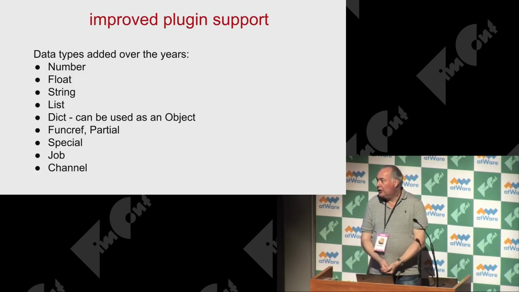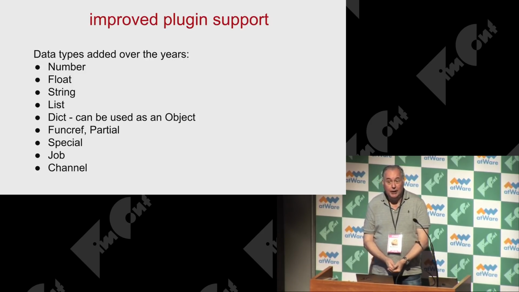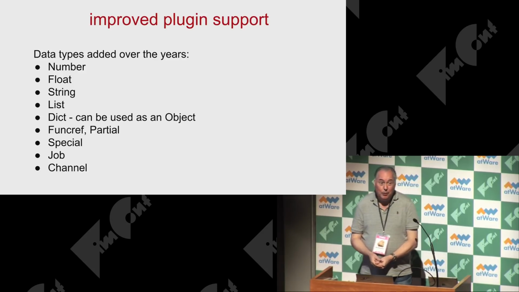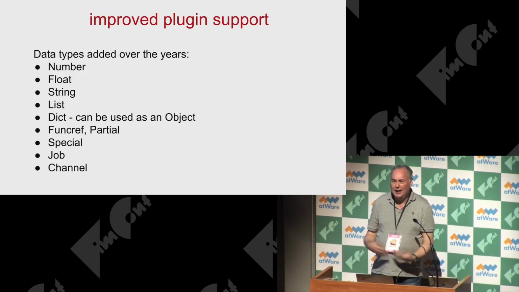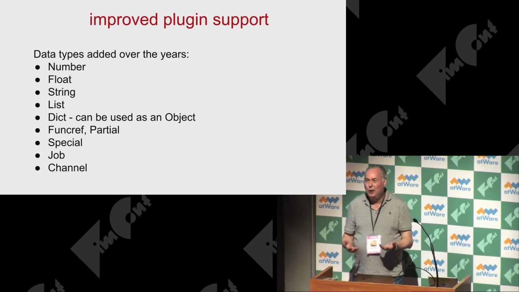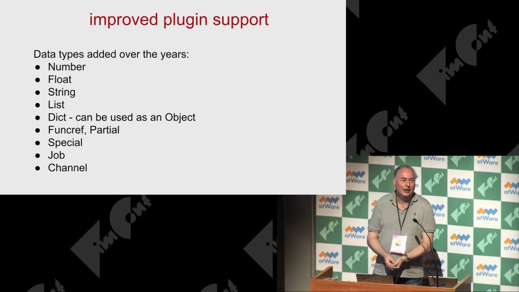So after the start of plugins, a lot of new features were added to support plugin writers. Lists, dictionaries, those are basic data structures. The idea mostly comes from Python. Float was added at some point. For a long time, I thought, it's a text editor. Who needs floating point numbers in a text editor?